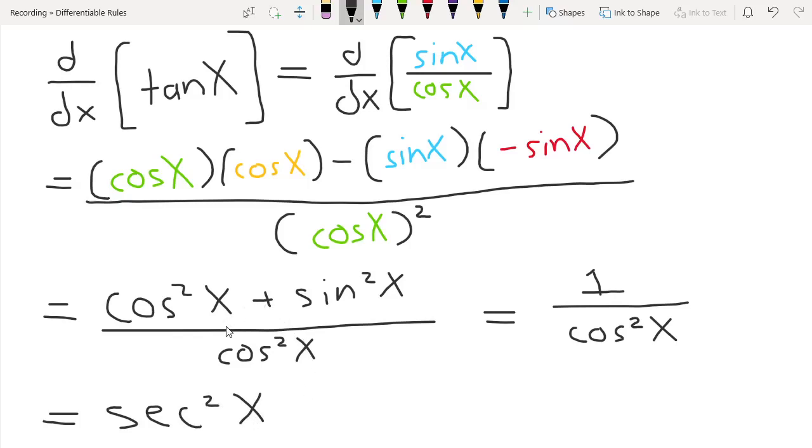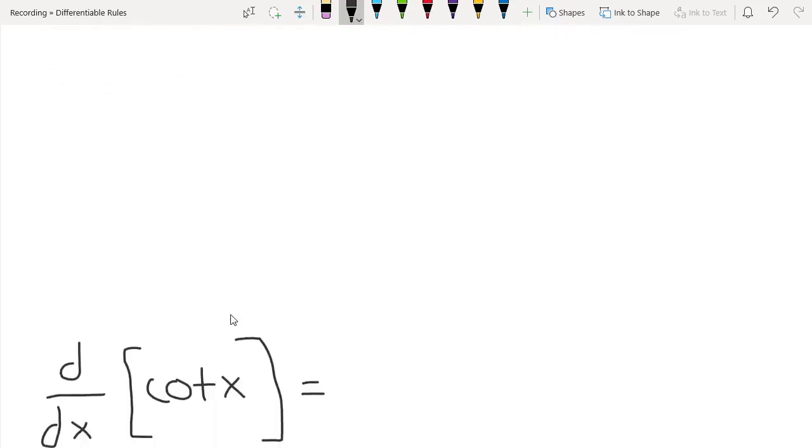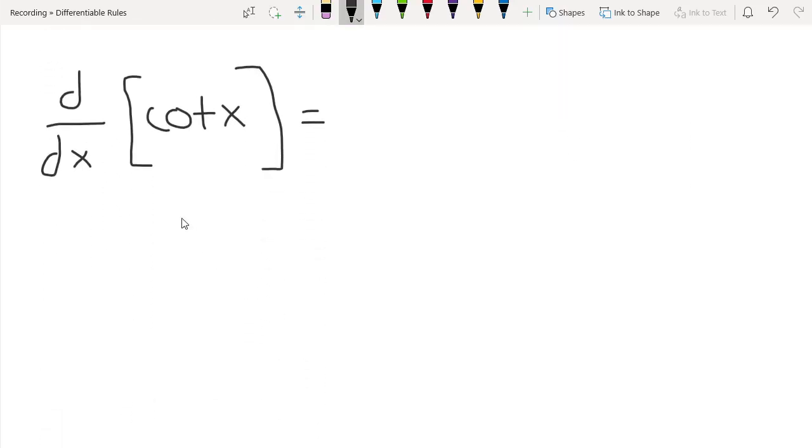Okay, now let's try to evaluate our next one. So they want us here to evaluate the derivative of cotangent of x. So if you don't remember, cotangent of x is the opposite of tangent of x. So you just flip the numerator and denominator around.